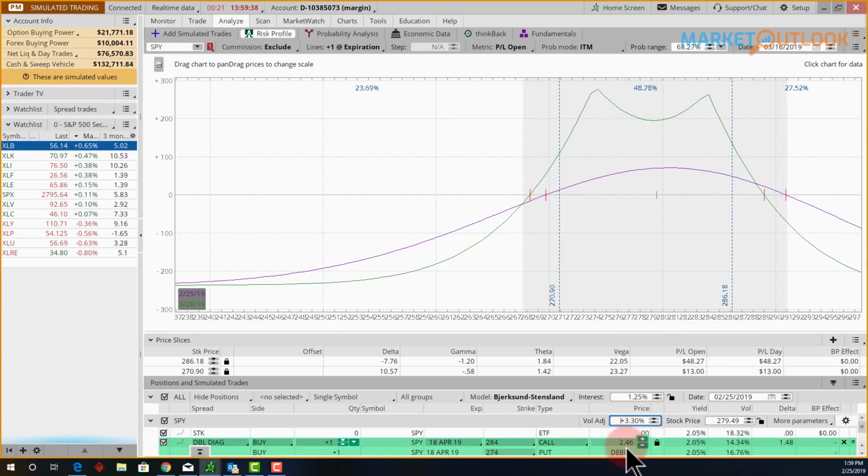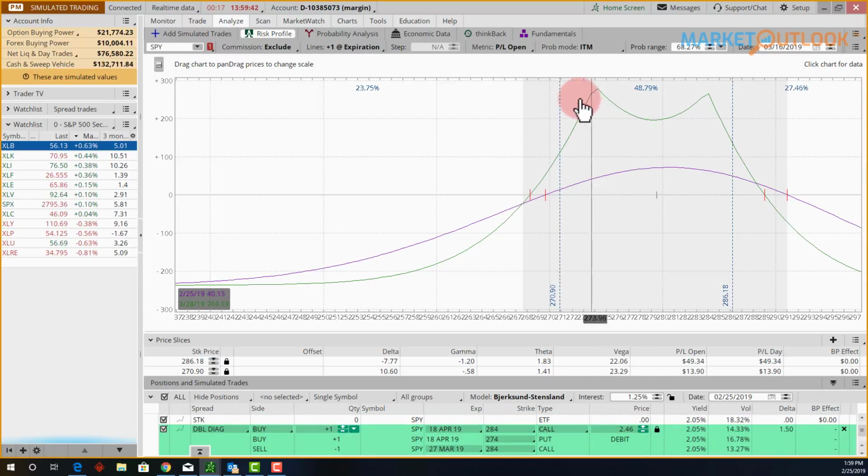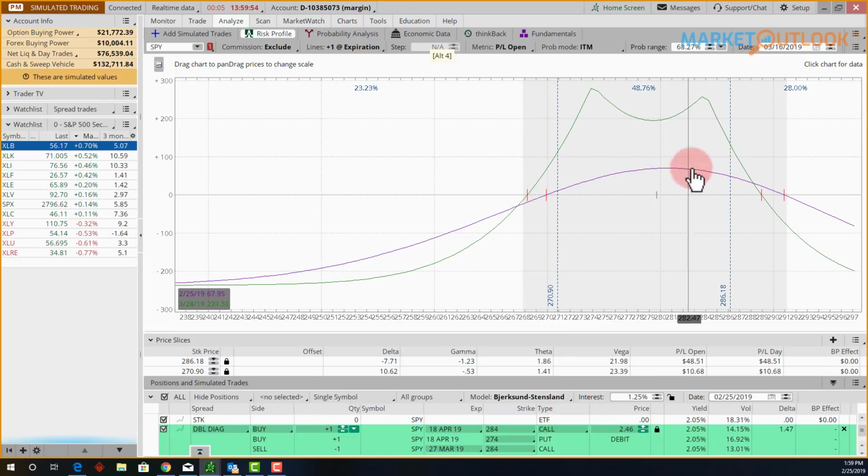So for $240 of risk to take on the trade of buying the two calendars, you can see we can get a pretty decent reward for that risk, for a pretty neutral trade that we don't need the market to go one way or the other. But if volatility does go up, then it benefits this particular trade.